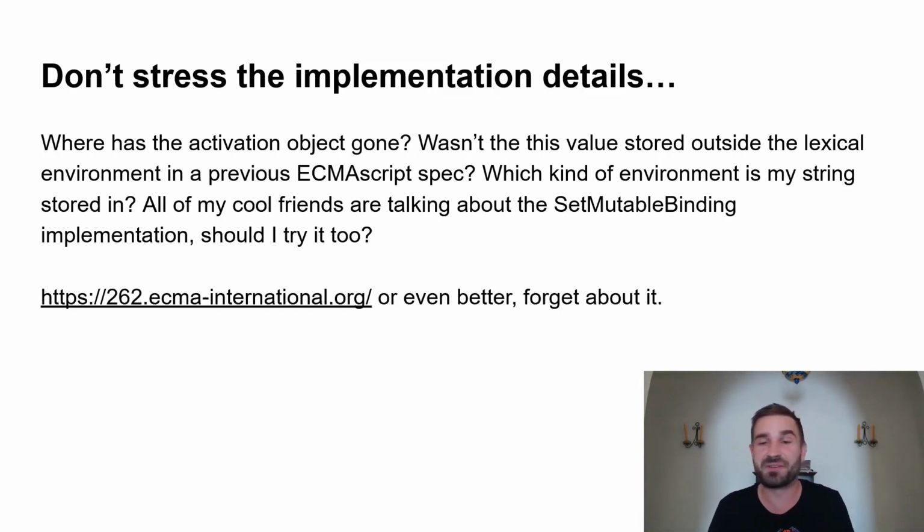So don't worry about it. This is probably further than a lot of people would ever go anyway, because how the lexical environment, variable environment, etc. are implemented behind the scenes is not going to affect your code in a way that you can control by the code that you write. Cool. So hopefully that makes sense.